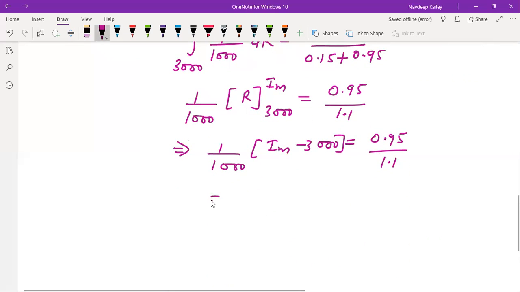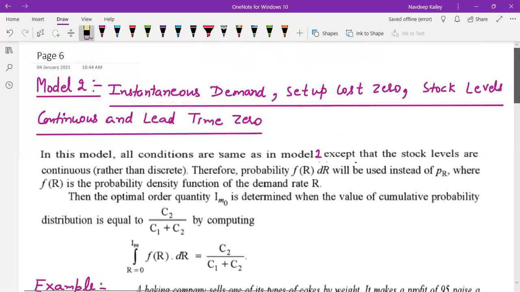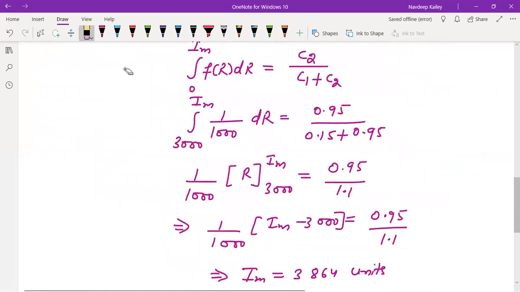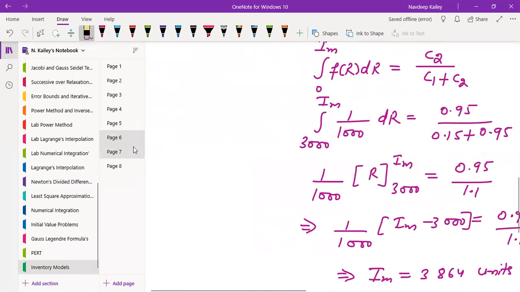After calculation, we get the value as 3864 units. This example corresponds to model second. Here all the conditions are the same as discussed in model 1, but the difference between model 1 and model 2 is that in model 2 stock levels are continuous, whereas stock levels are discrete in model 1.